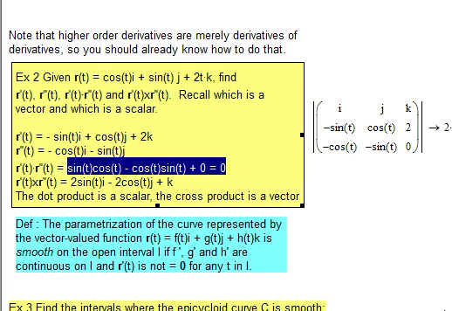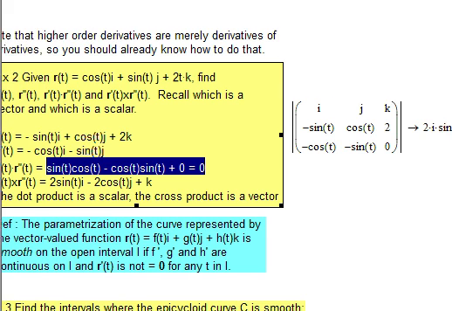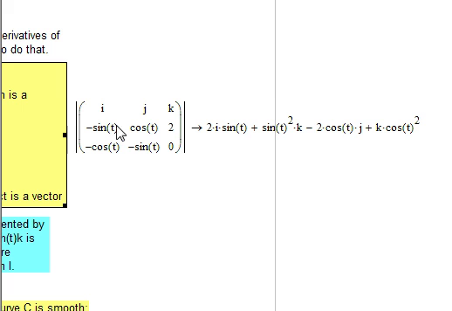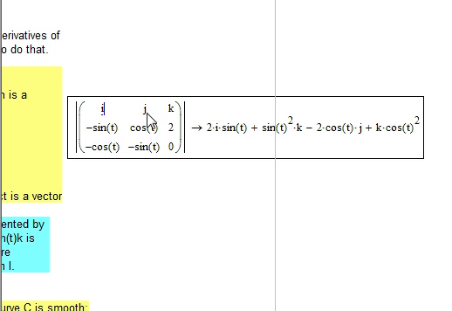The cross product is a little bit more complicated, but the mnemonic device for finding the cross product, remember to set up the 3 by 3 matrix with i, j, and k across the top row.